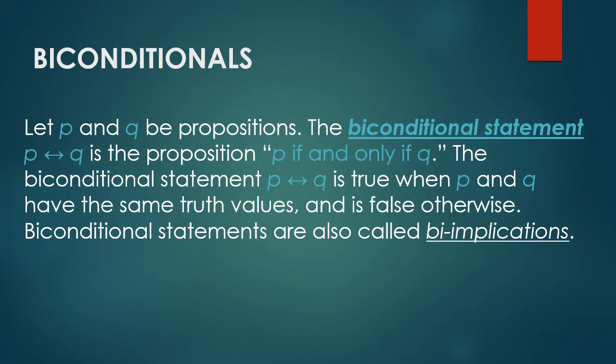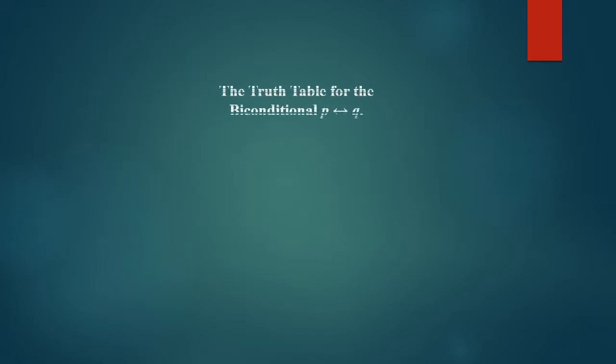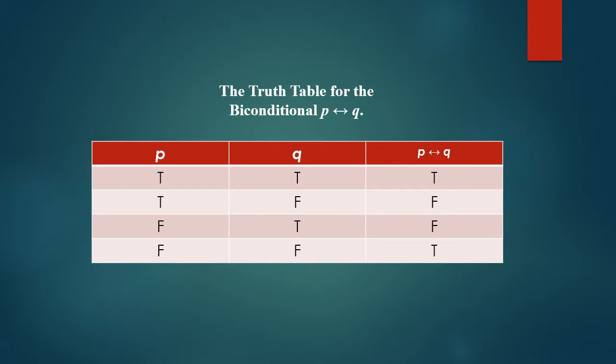The biconditional statement of P and Q is the proposition P if and only if Q. The biconditional statement of P and Q is true when P and Q have the same truth values and is false otherwise. Biconditional statements are also called bi-implications. Here's the truth table for the biconditional statement P if and only if Q.